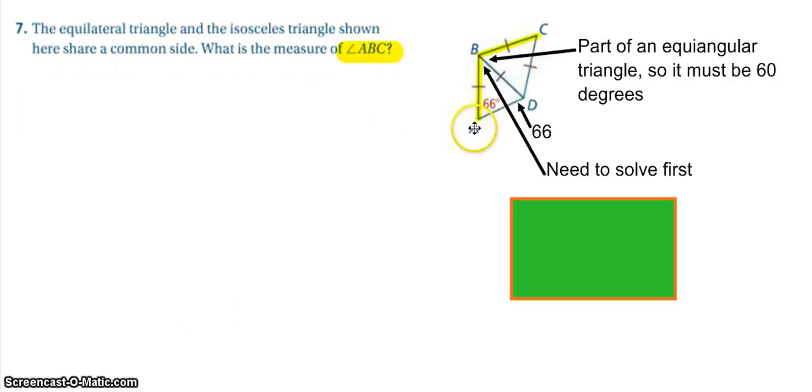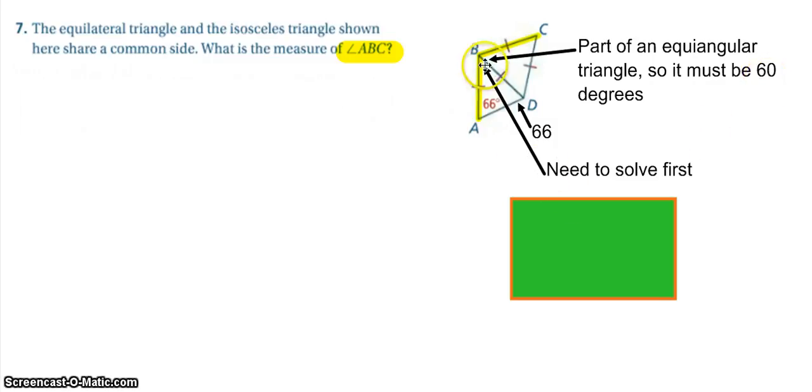So I look at ABC, my angle here being this obtuse angle. What I see is it is comprised of two smaller angles. This angle is part of the equiangular triangle here, and since it's equiangular, I know that it takes the 180 degrees and divides it by 3. So we know that angle DBC, this angle in here, must be 60 degrees.